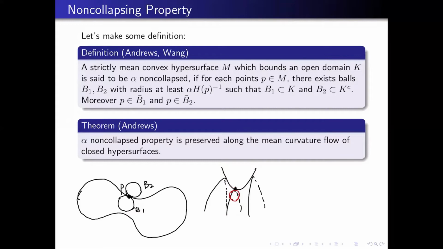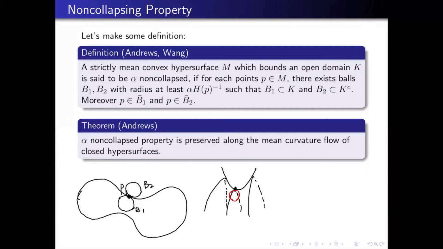Therefore, if the principal curvature gets larger and larger, whereas the mean curvature doesn't become very large, then the alpha non-collapsed property will eventually fail.